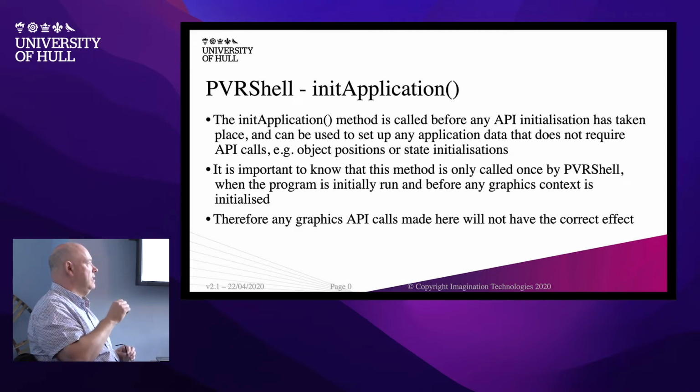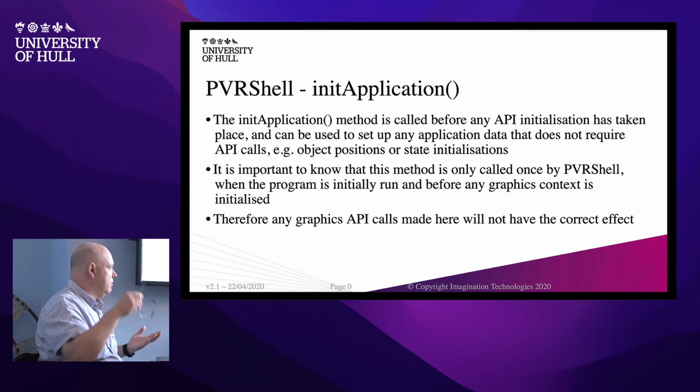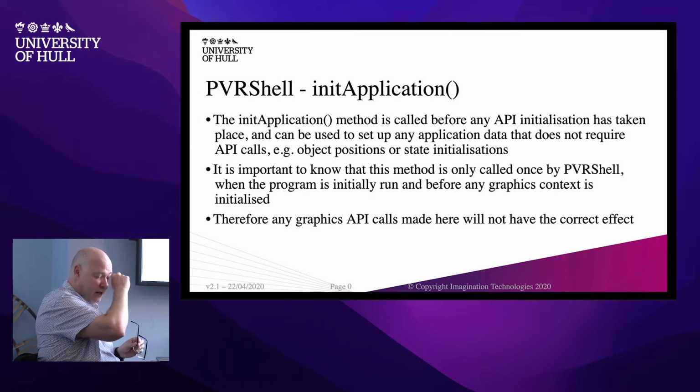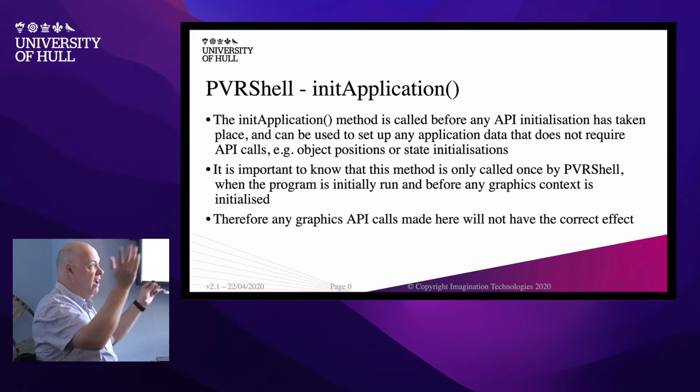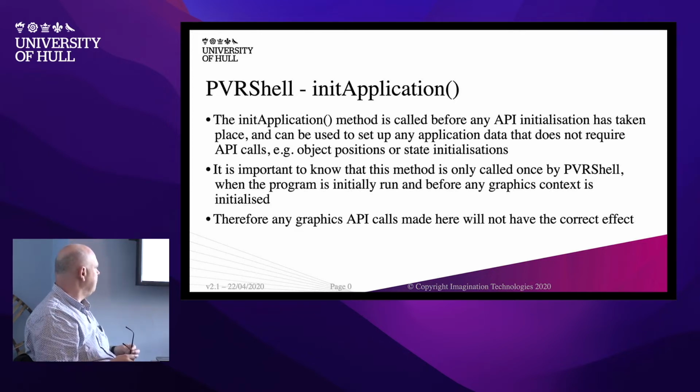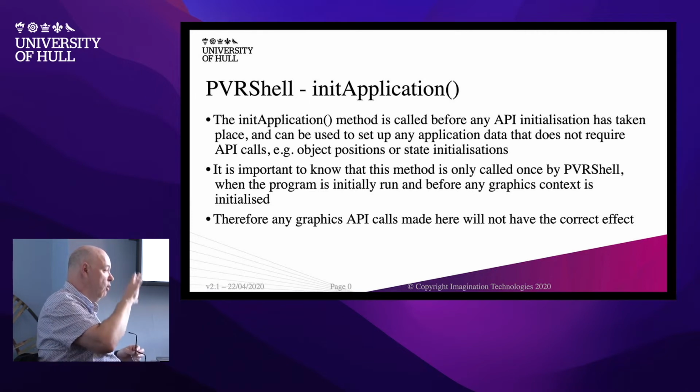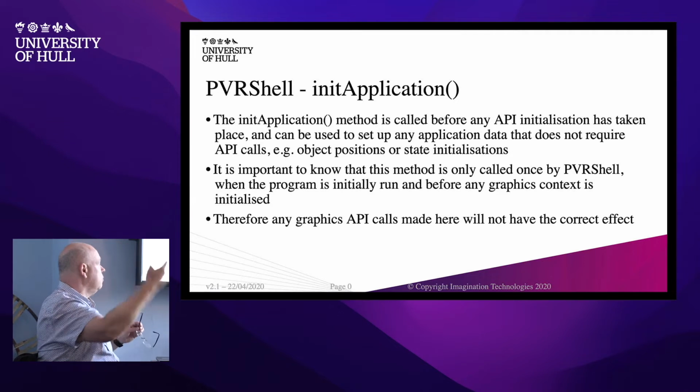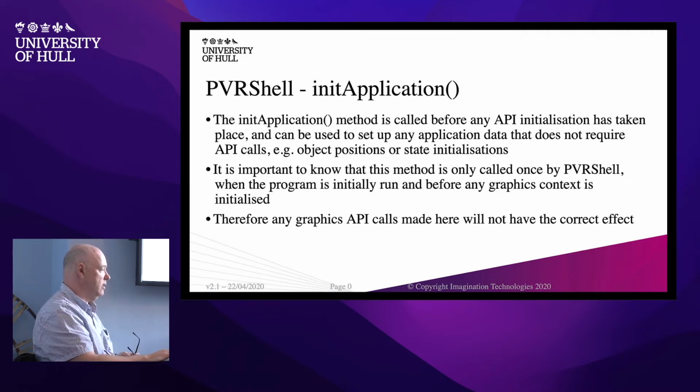What that means is, if you were to send graphics commands to the GPU in this function, the GPU probably won't even get them, okay? So this is very much about your general C++ things. If you want to create a data structure, maybe an std vector or something, fine. Whack it in here. That's absolutely fine, okay? Any graphics code probably won't have any effect in here. This just gets called once when the application starts up.